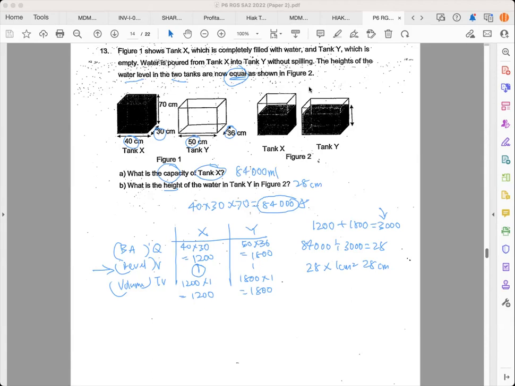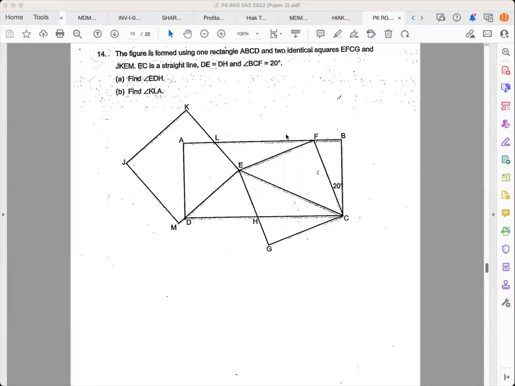So let's look at question number 14. The figure is formed using one rectangle ABCD and two identical squares EFCG and JKEM. EC is a straight line, DE is equal to DH.